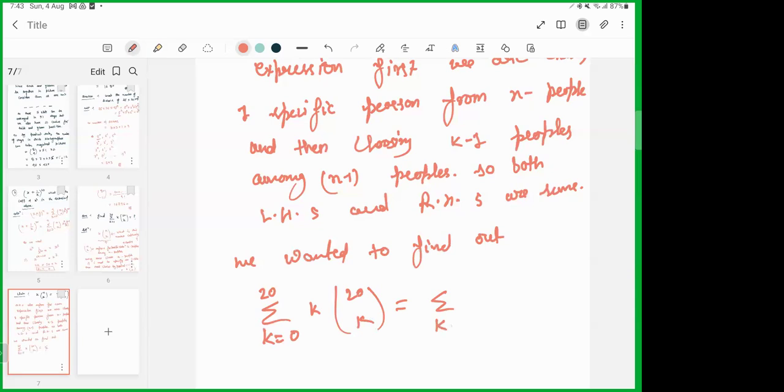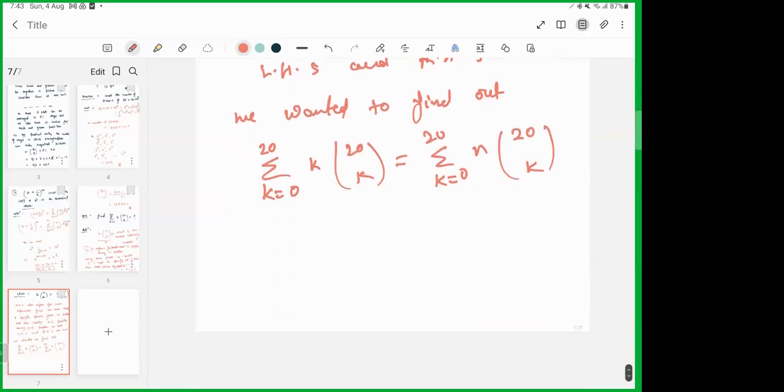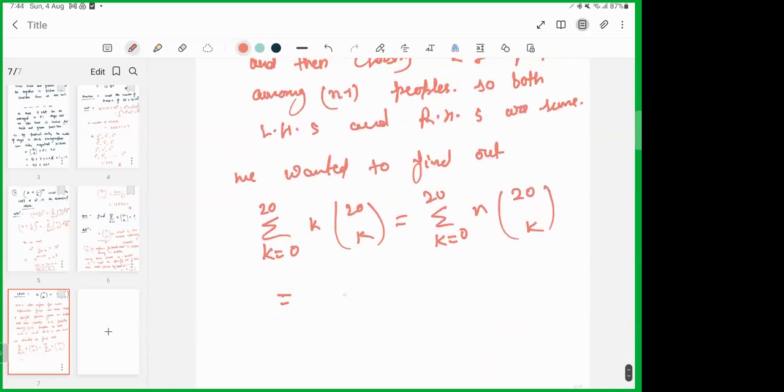Here N is 20, and 20 is independent of the summation running on K, so take 20 outside.